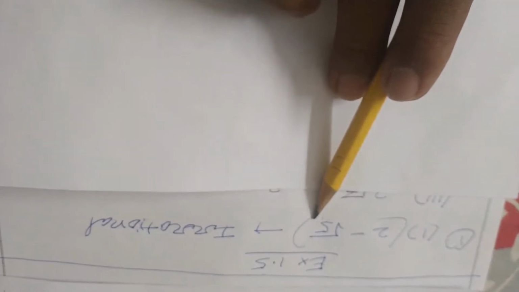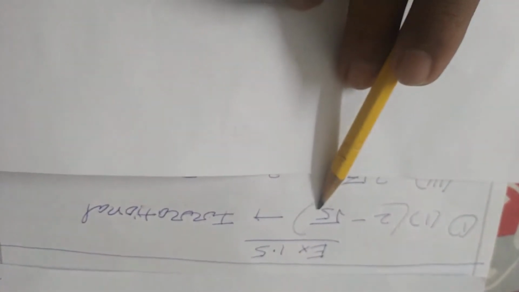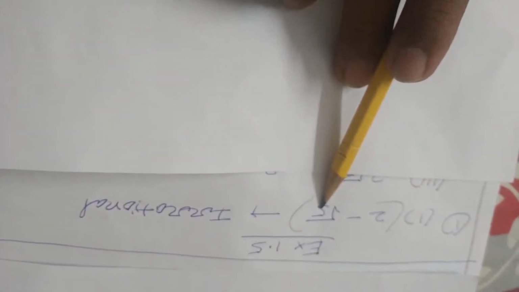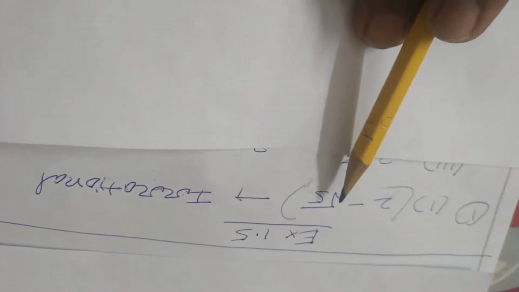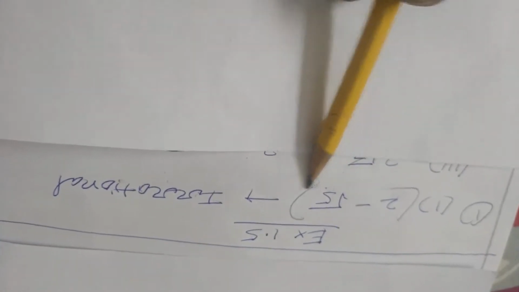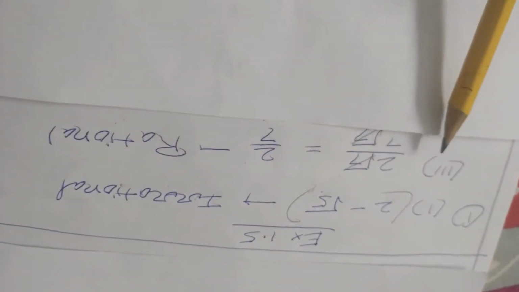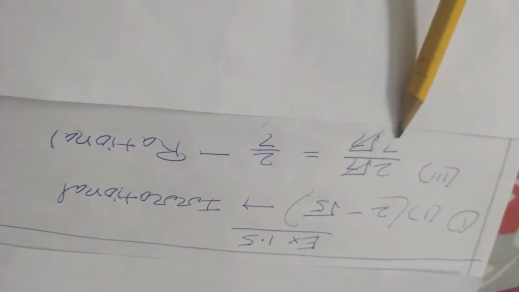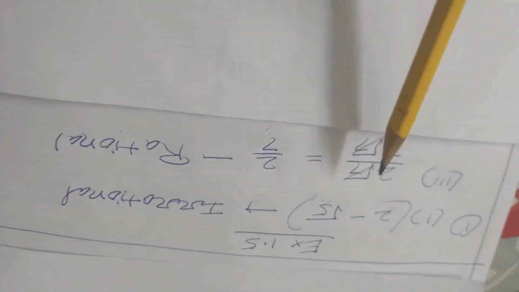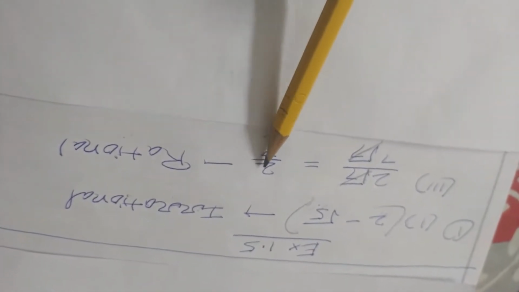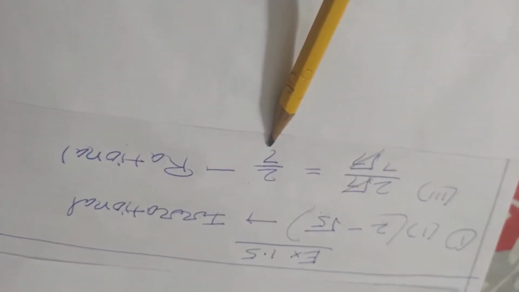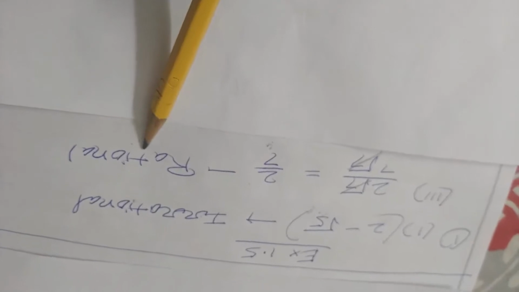We know that the difference of a rational and an irrational is always irrational. 2 is rational, root 5 is irrational, so their difference is irrational. Third part, 2 root 7 divided by 7 root 7. Root 7 cancels, 2 by 7, it is in the form of p by q, so this one is rational.